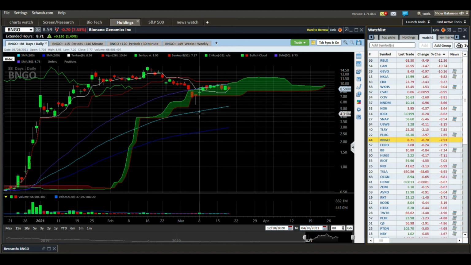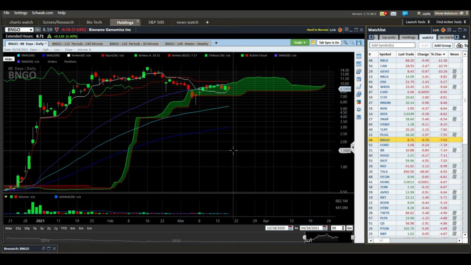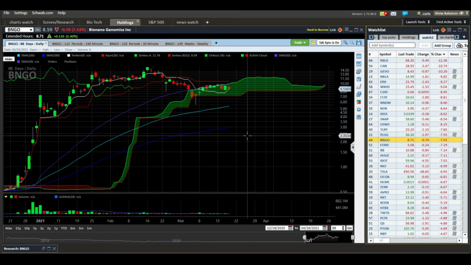You can't really predict where price is going to go, but these moving averages and Ichimoku, I love Ichimoku. Once you train your eye to read it, it's a very, very useful indicator. Ichimoku is a Japanese term. In English, it means one glance. So you get a lot of information about the chart in just one glance.